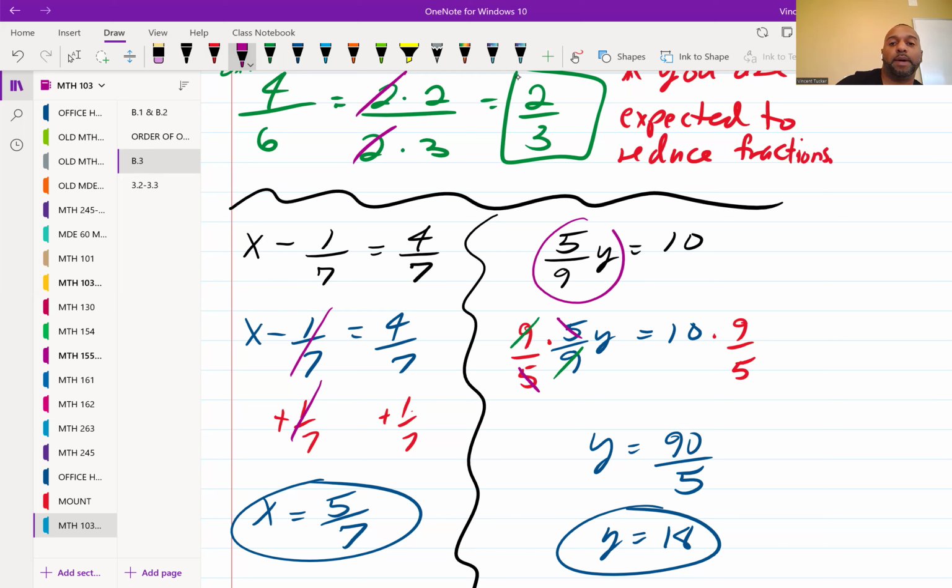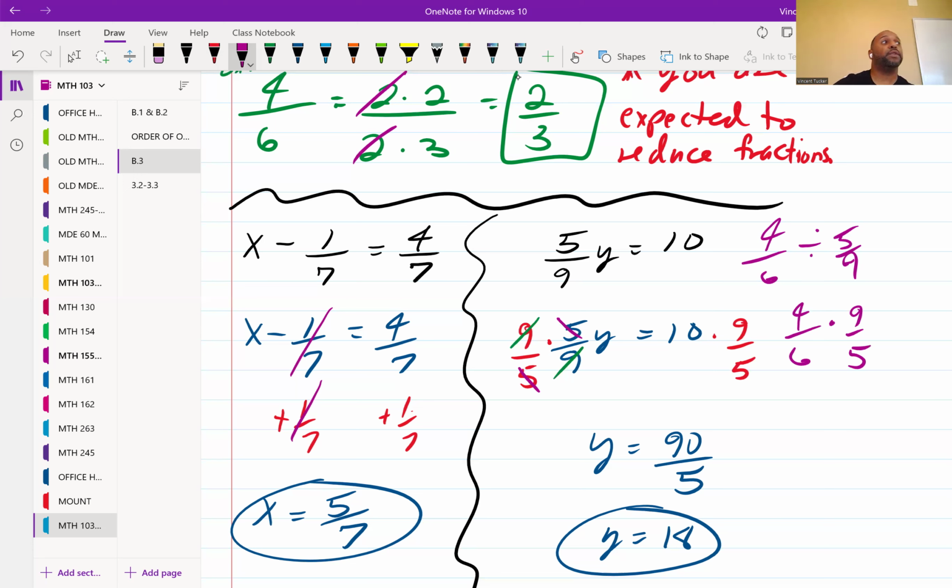Because you're multiplying by that fraction. And remember, in order to get rid of that 5/9, we have to divide by 5/9, right? So whenever you divide by a fraction, let's go here. Let's say I have 4/6 divided by 5/9. Whenever you divide by a fraction, that changes to multiplication, and then you have to flip it.